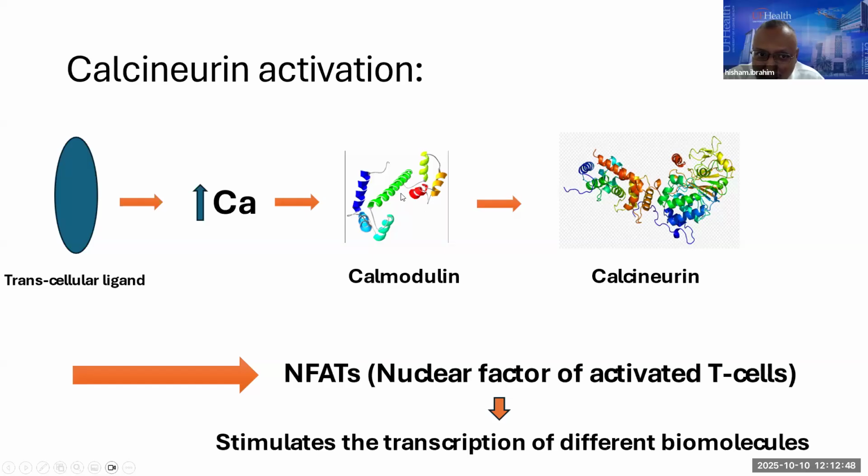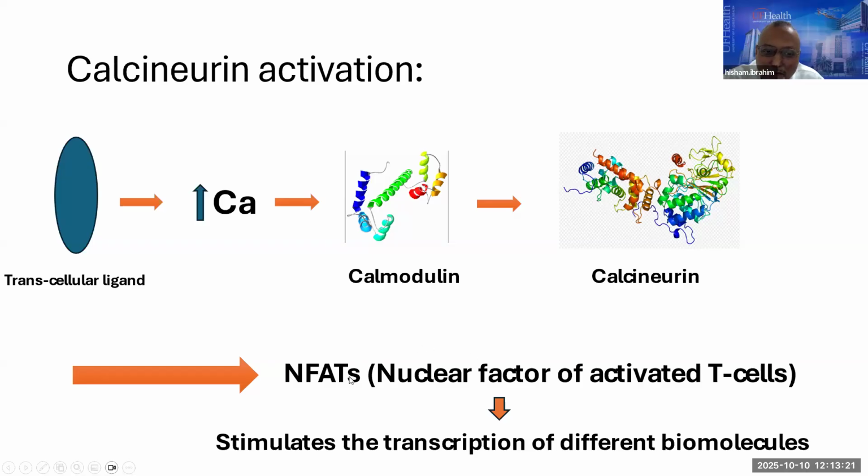When activated calmodulin binds to calcineurin, calcineurin becomes activated and starts to dephosphorylate nuclear factor of activated T cells. It's not one molecule; these are a whole family of molecules, and there are different ones in different cells. Although they are called nuclear factor of activated T cells, they don't only work in T cells. This is where they were first identified, but they work in many different cell types.